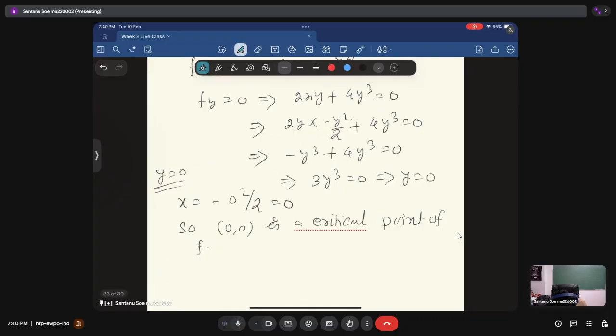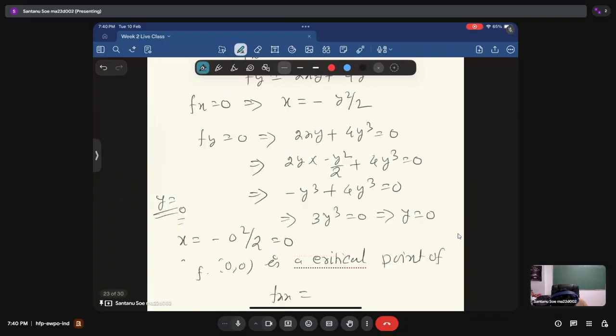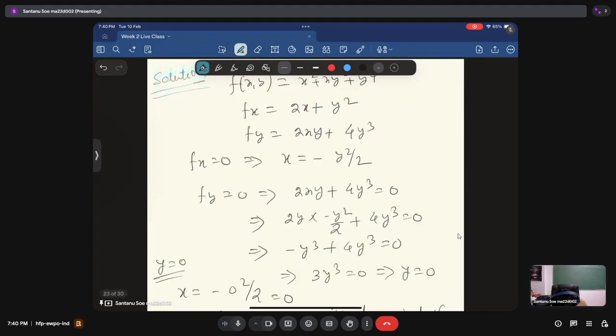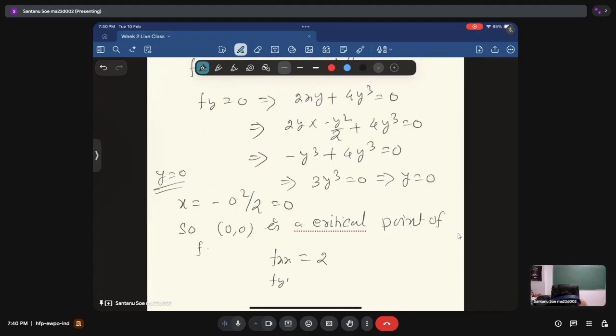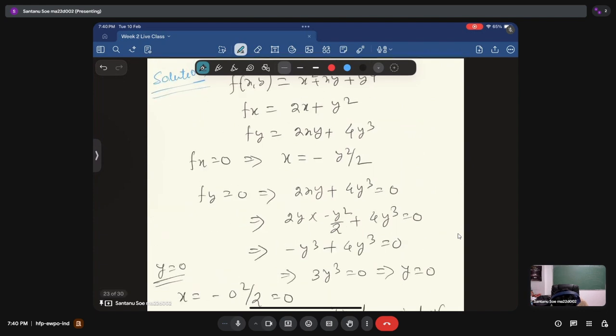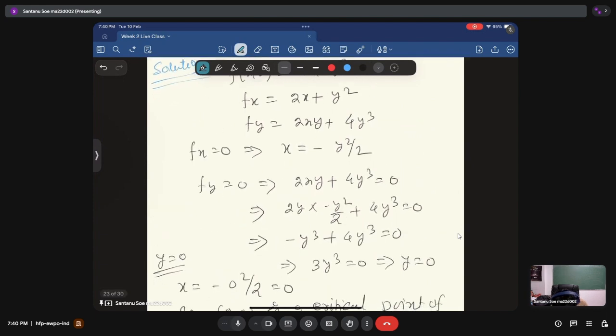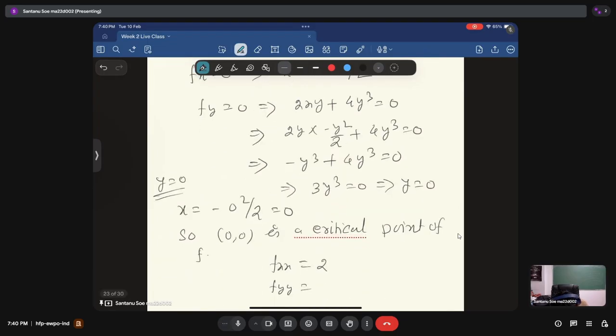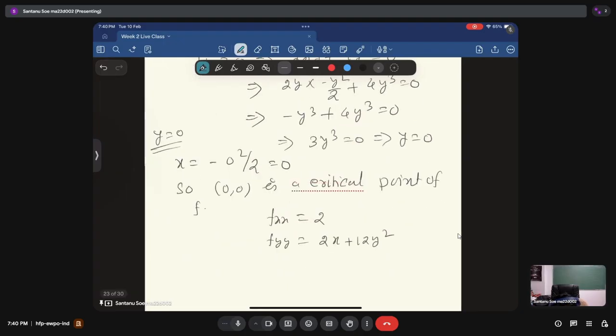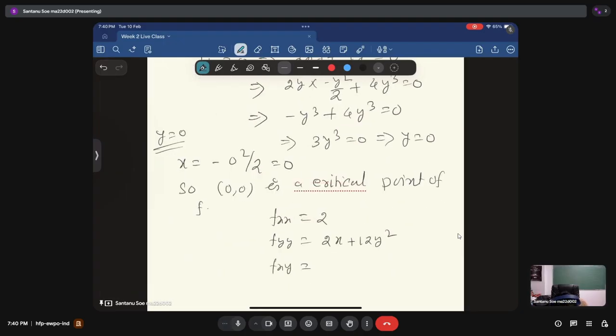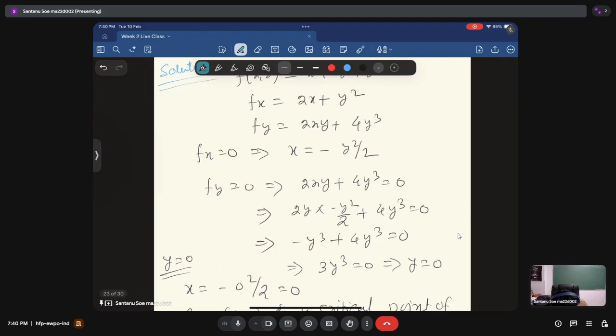So fxx will be 2, correct. fyy will be 2x plus 12y square. And fxy will be 2y.